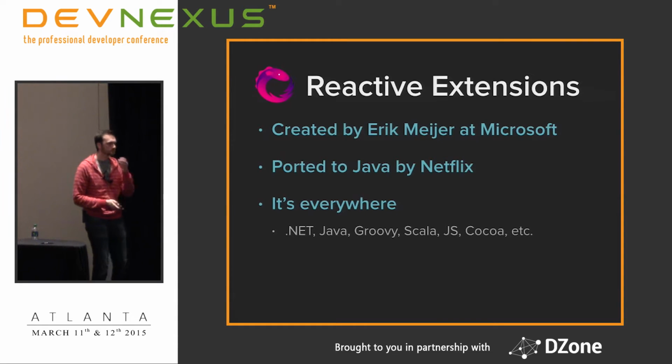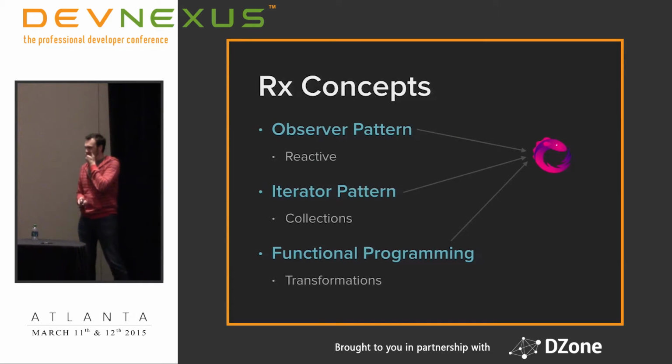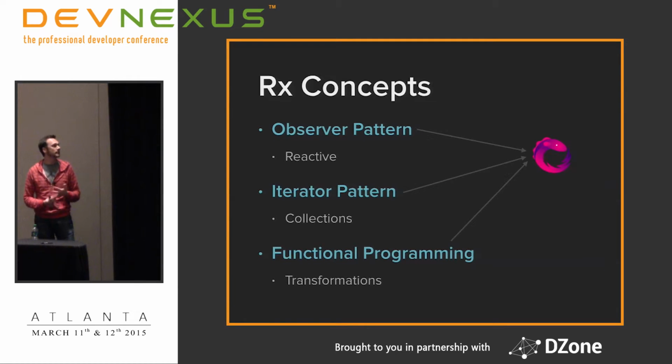It's quite nice. At the highest level, the concepts, the why it exists and how it was implemented, reactive extensions are really a combination of the observer pattern, the iterator pattern, and functional programming. These three concepts melded into one.